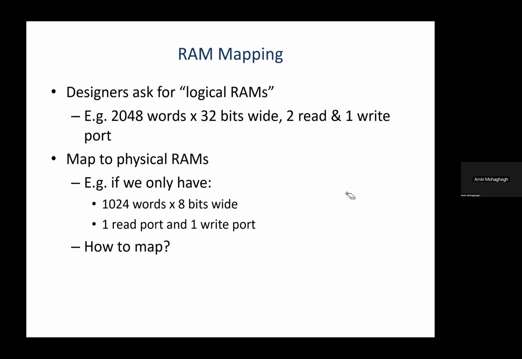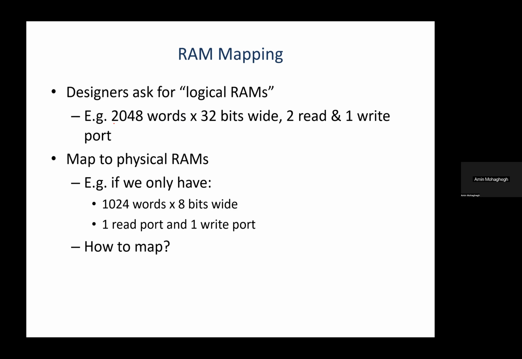So designers normally ask for what are called logical RAMs. They instantiate IP, or they code HDL, or they write HLS code that either explicitly or implicitly asks for some RAMs, but those are all logical.